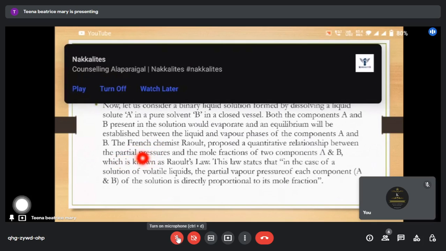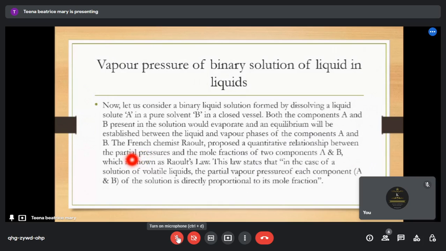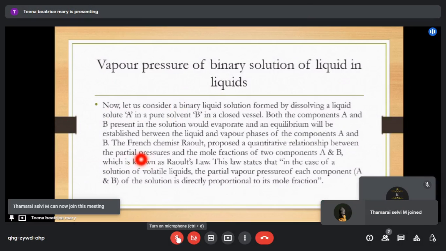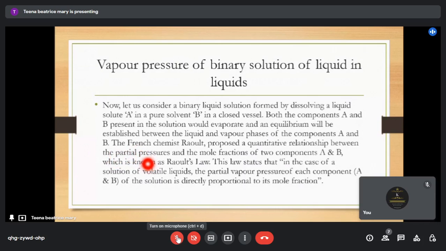So இப்போ partial pressure ஏற்படுறதுல quantitative relationship என்ன அப்படின்றத சொல்றாரு. It is between the mole fraction of the two components A and B க்கும் இடையில உள்ளது. இவர் என்ன சொல்ல வராருன்னா, in case of a solution of volatile liquids, the partial vapor pressure of each component of the solution, ரெண்டு componentsக்கும் உள்ள partial pressure, is directly proportional to its mole fraction. அப்ப அது mole fractionக்கு directly proportionalா இருக்கு.